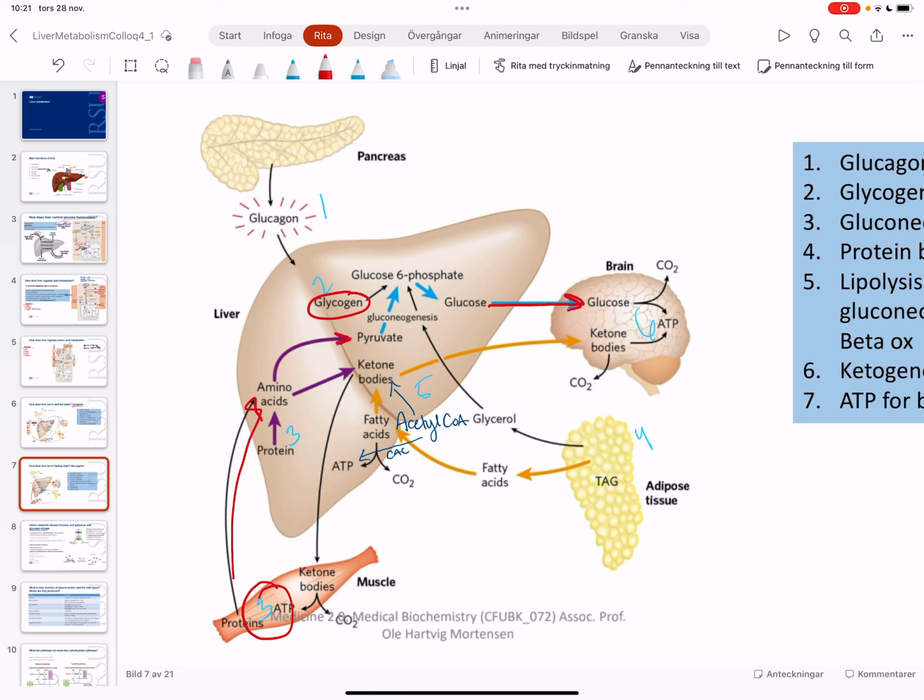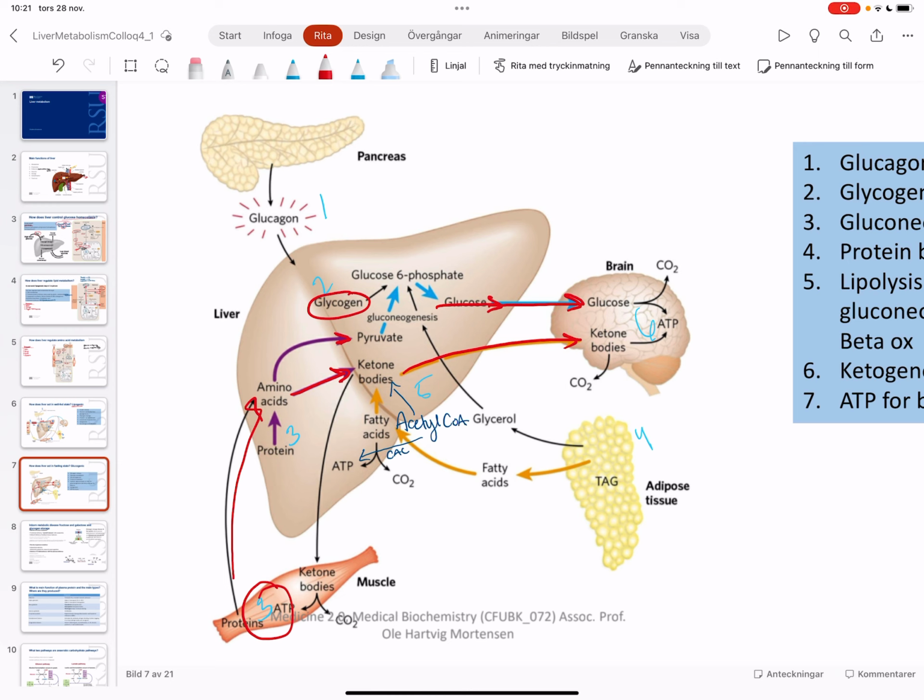So for example, alanine will be formed into pyruvate, and then gluconeogenesis would happen, and glucose can go to the tissues that need it. Amino acids can also be formed into ketone bodies, and in that case, ketone bodies can go to the brain, for example. Acetyl coenzyme A, I'm getting ahead of myself.